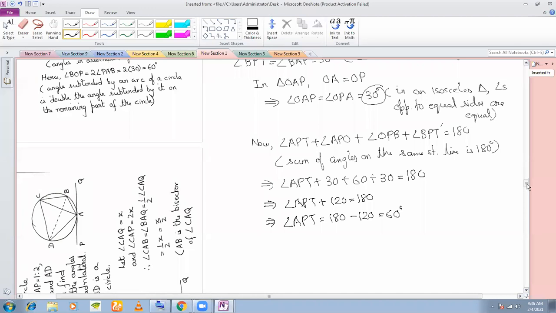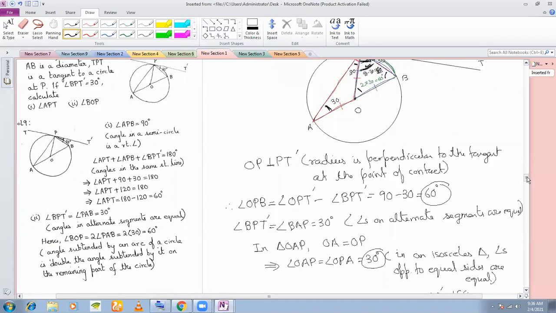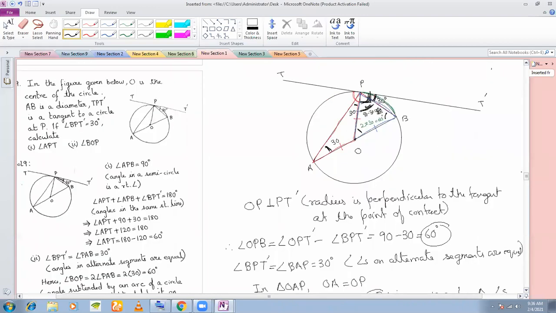Now there's a second part to this problem, which you can do in one line. The question is angle BOP. Once you have found out this angle to be 30 degrees, angle BOP will obviously be double of 30 degrees, 2 into 30.